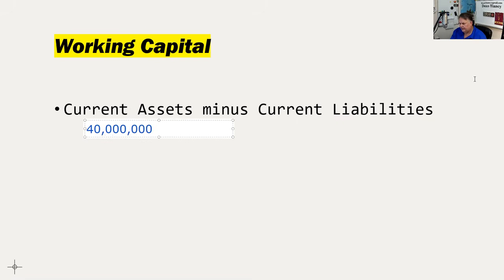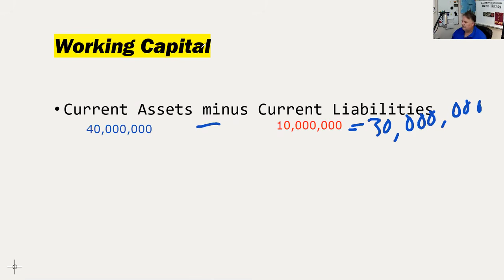And let's say that company has $10 million in current liabilities. And you would tell me on your exam that this company has 30 million in working capital. All right, so that's our first one.